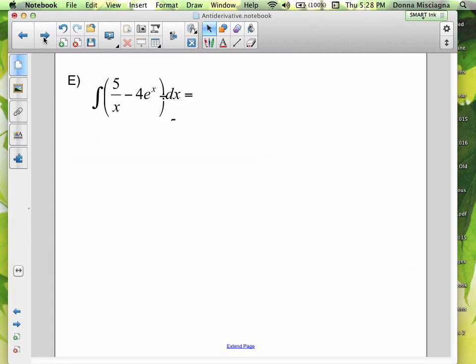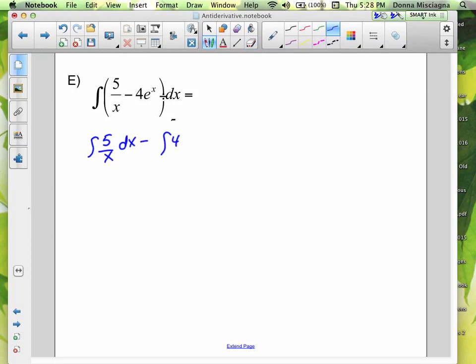All right, here's our next one. Okay. So let's rewrite this. We have the integral of, let's write that into separate ones. So we have 5 divided by x minus 4e to the x.